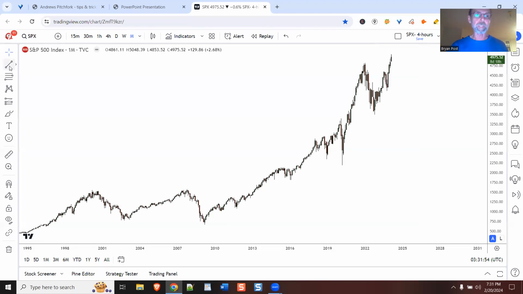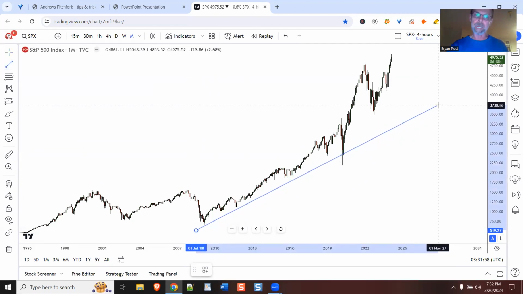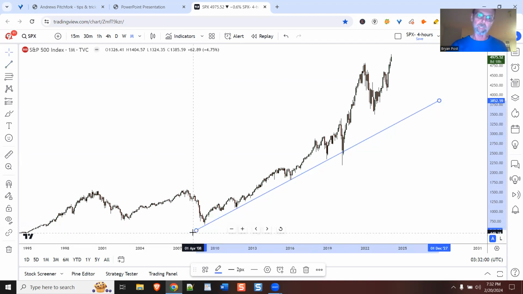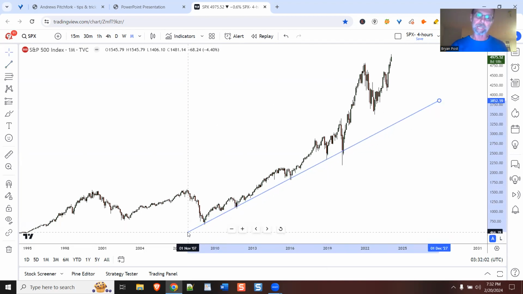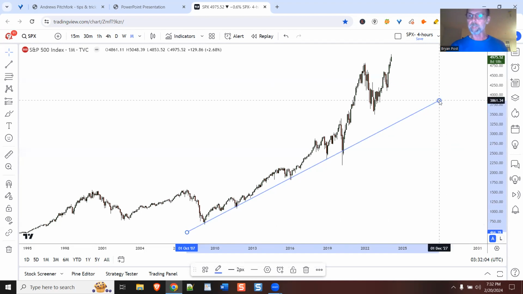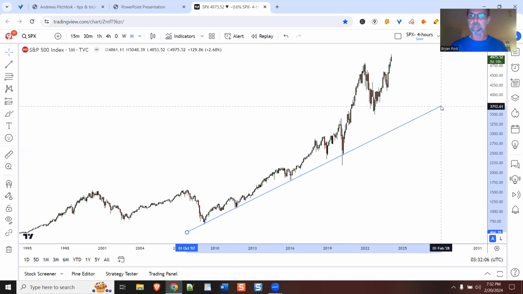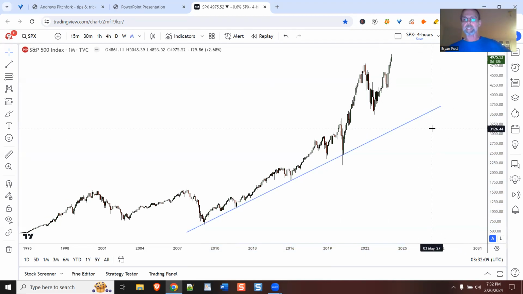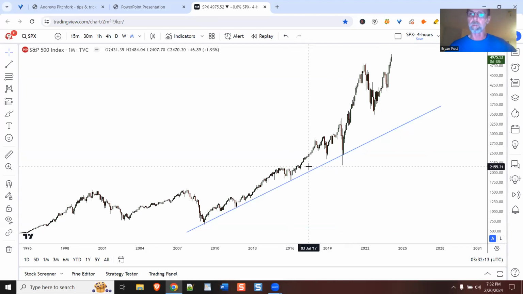Sometimes, support and resistance can also occur on a slant or on a slanted line. And so in this case, this line catches my attention. Basically that's just a typical or standard trend line.